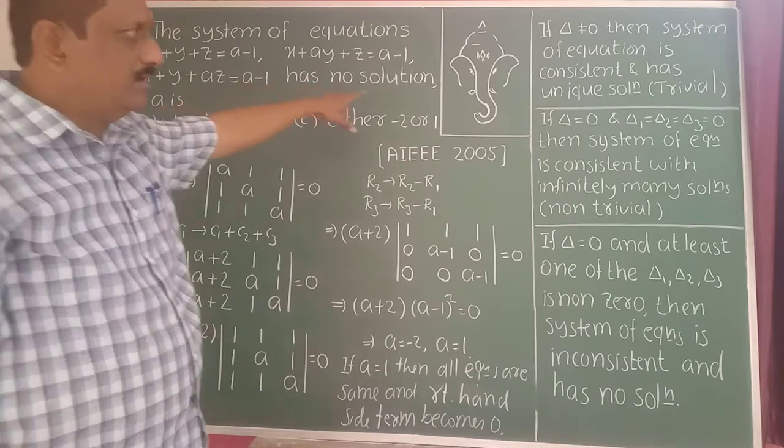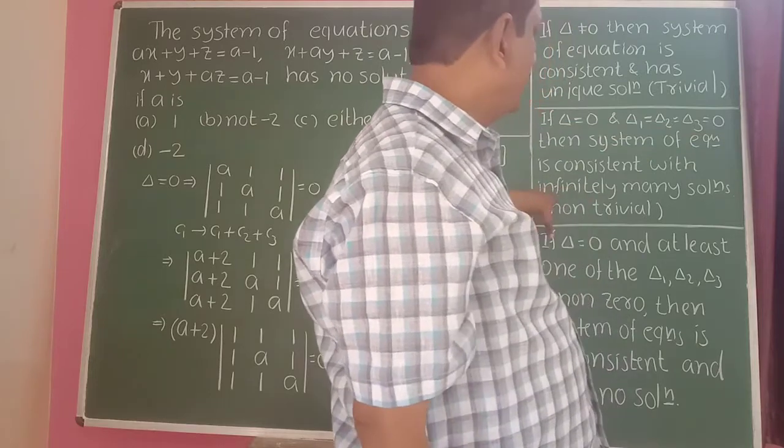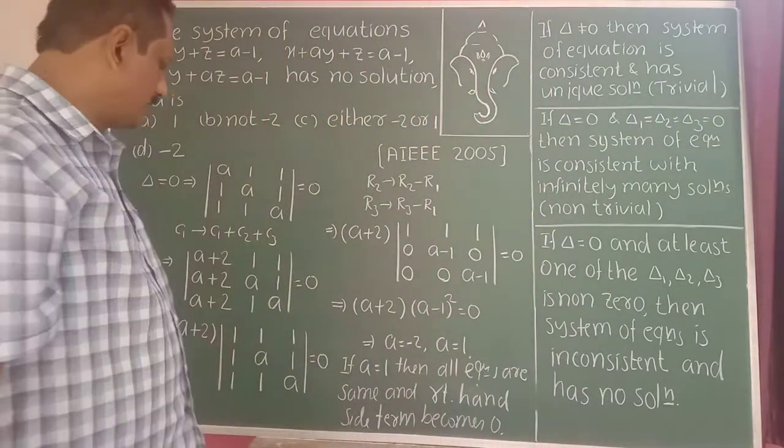In that case, delta 1, delta 2, delta 3 are 0. So therefore infinitely many solutions in this case.